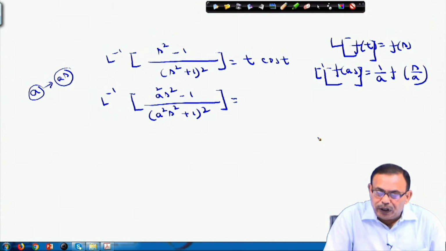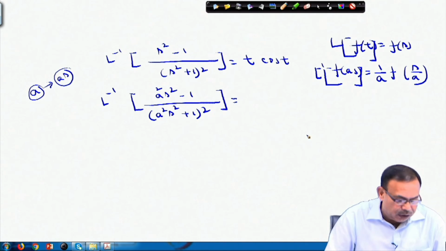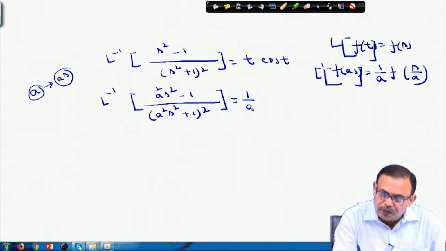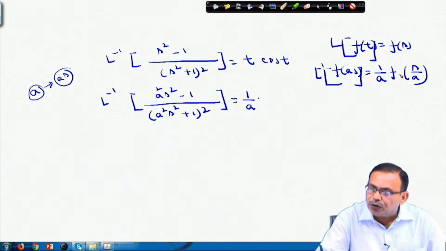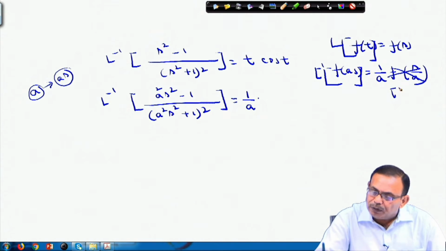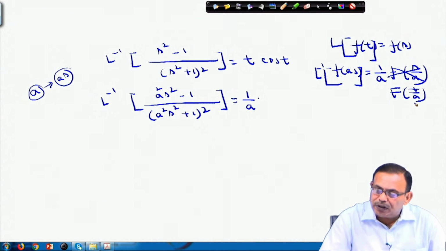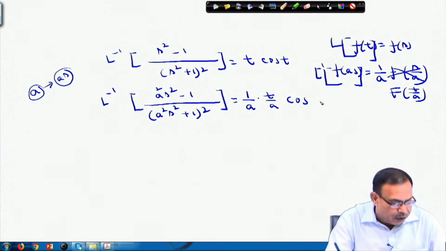So, whenever you are getting this one, this is 1 by a I will leave, and your t will be replaced by t by a. So, 1 by a is coming into t by a cos of t by a.